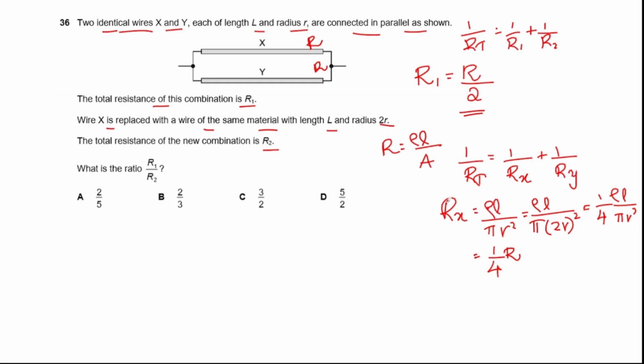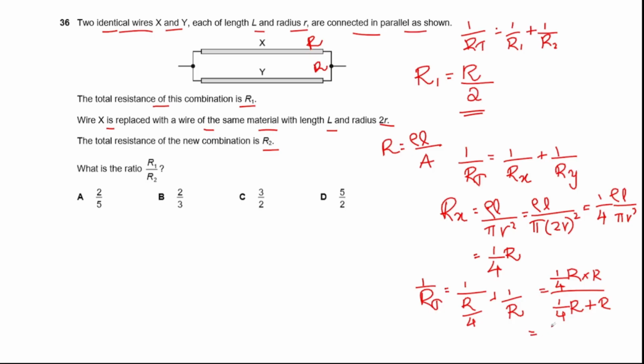Now how would the combination be? The total resistance would be 1 divided by R by 4 plus 1 divided by the resistance R, because the Y wire has no changes. So it is (1 by 4 R times R) divided by (1 by 4 R plus R).